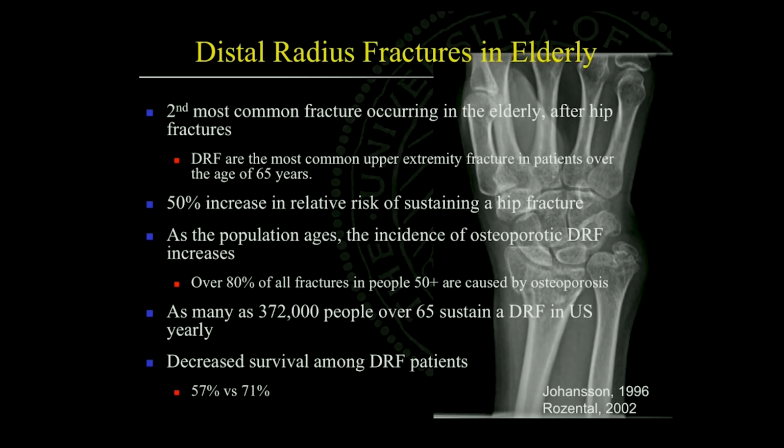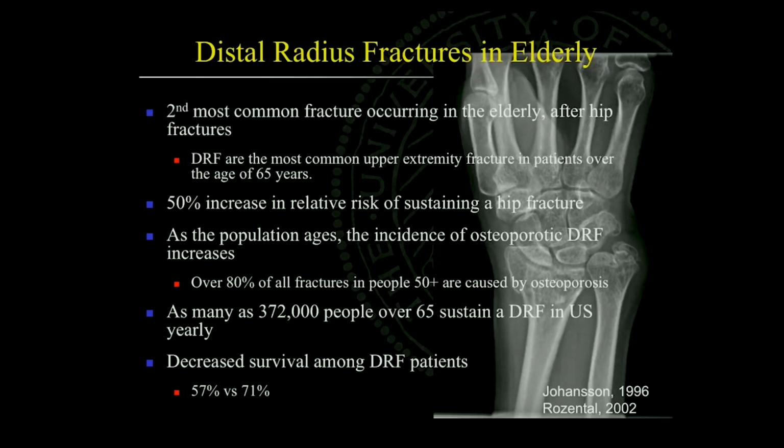What's important to note is that a distal radius fracture gives you a 50% increase in your relative risk of sustaining a hip fracture in the rest of your lifetime. And as our population ages, the incidence of osteoporotic distal radius fractures increases. Over 80% of all fractures in people 50 or older are caused by osteoporosis.